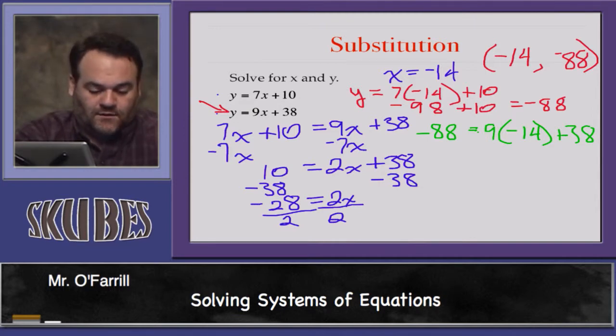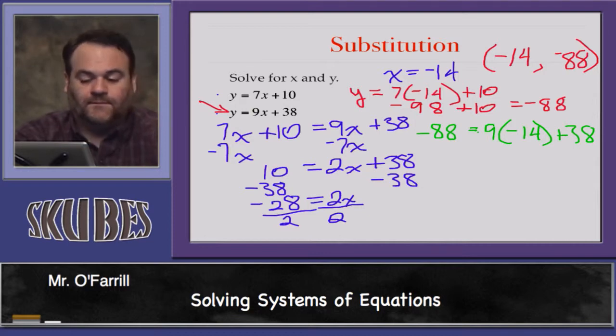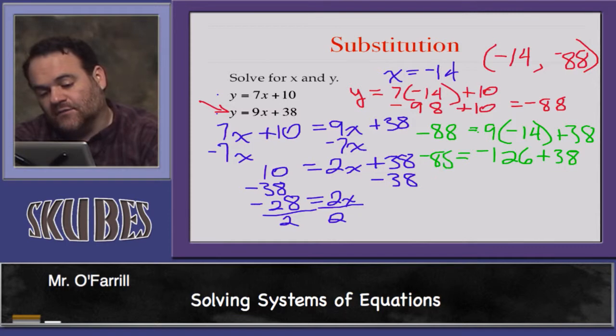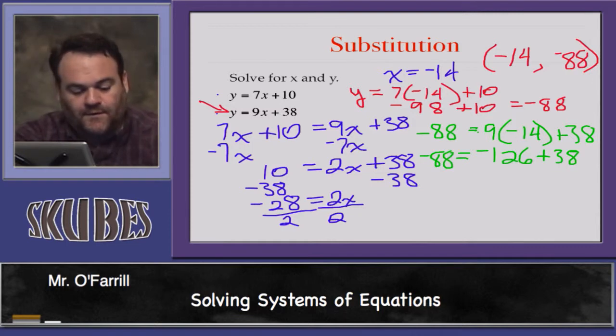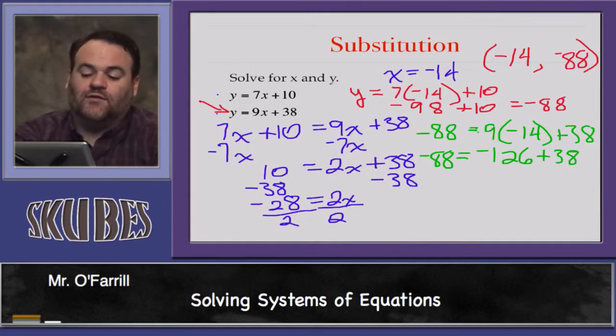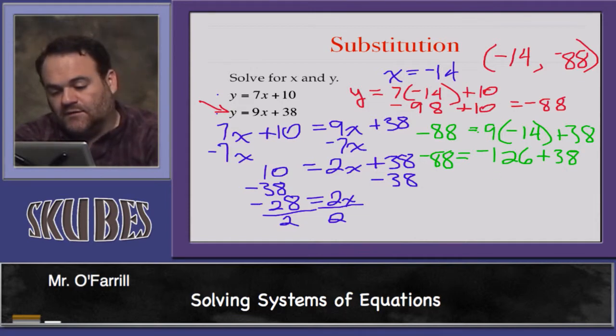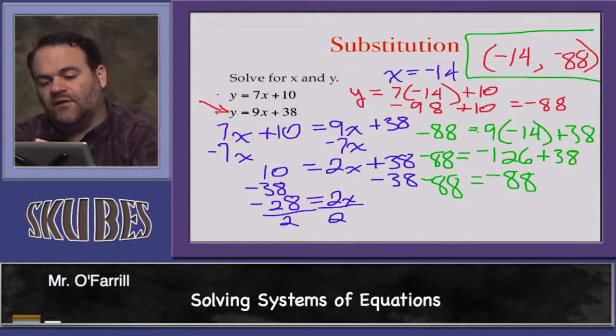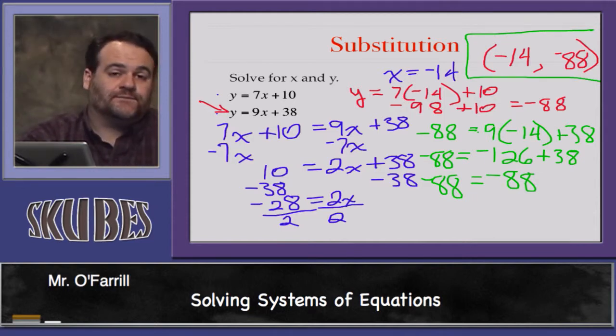Now 9 times negative 14 is negative 126, and then the difference between 38 and 126 is 88. We're saying that negative 88 equals negative 88. So this ordered pair that we have written down up here is the correct answer.